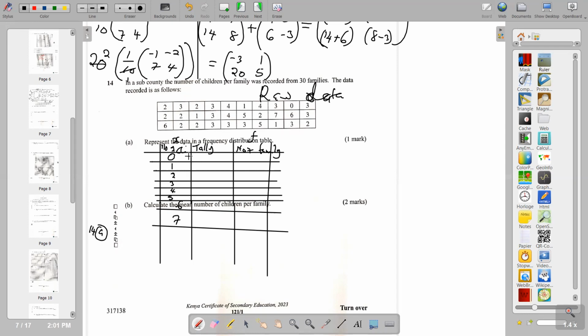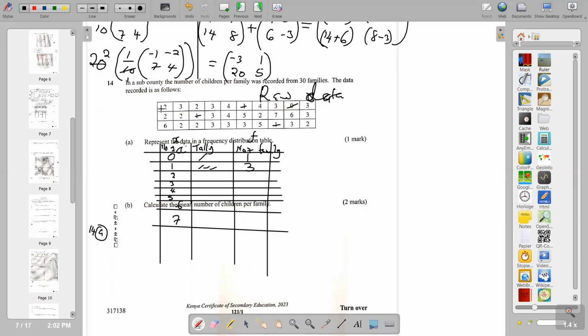So tallying, come here now. The family that had no child is this one. So you put a stroke, and here you write 1. Family that had 1 child, it is 1, 2, 3. So here you put 3 strokes, and then here you write 3.